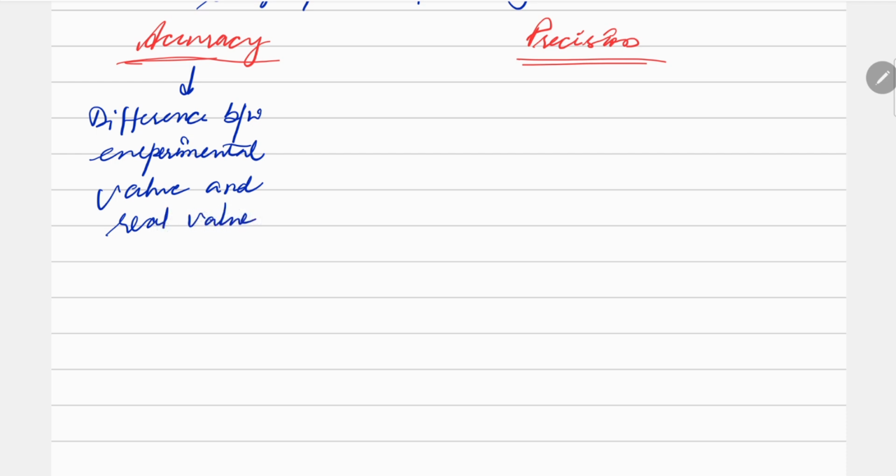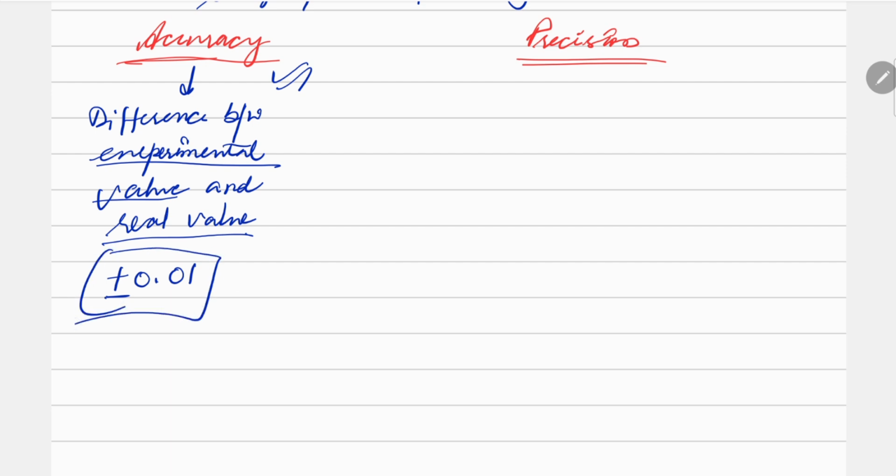You have to remember that the difference between the experimental value and the real value should not be more than 0.01, either plus or minus. So plus or minus 0.01 should be the only difference between the experimental value and the real value which we have calculated.